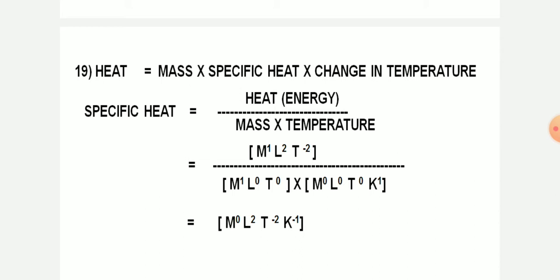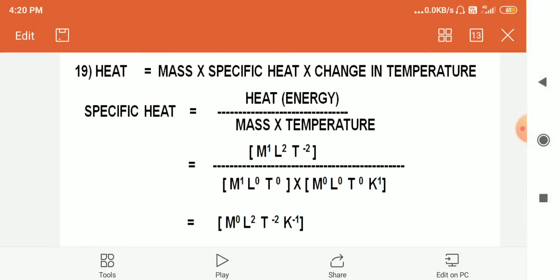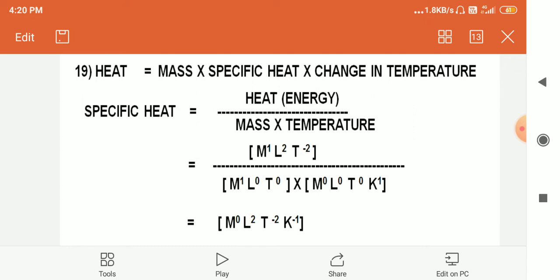When we simplify this, m1 minus 1 becomes m raised to power 0, L2 minus 0 becomes L2, T raised to power minus 2 minus 0 becomes T raised to power minus 2, and the power of K, that is temperature, is 1. When it is in the numerator, the power will be minus 1. So the final dimension is m0, L2, T minus 2, and K to the power minus 1.